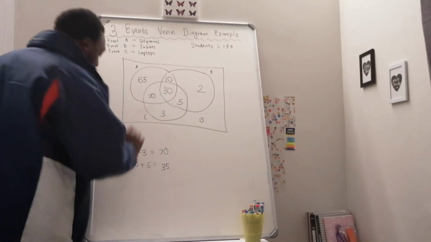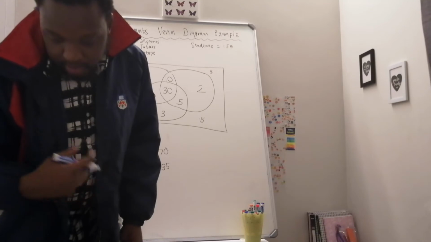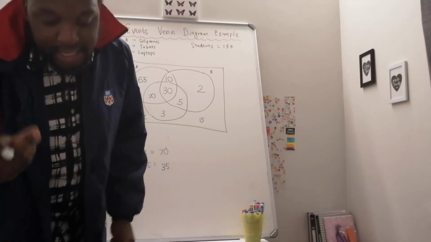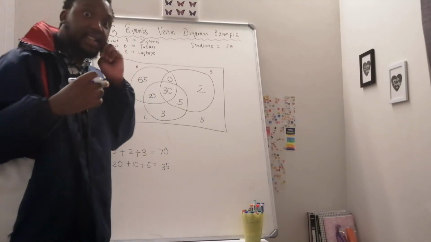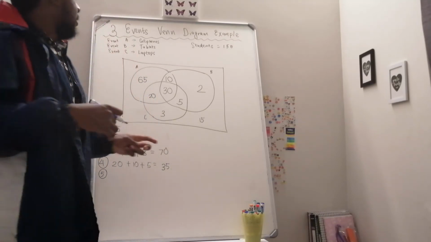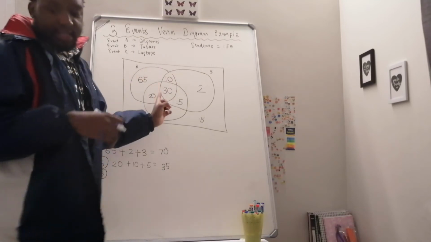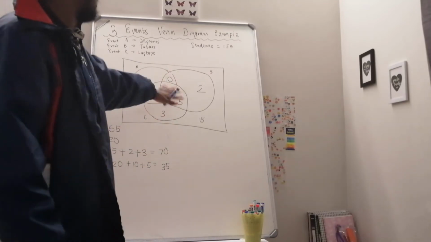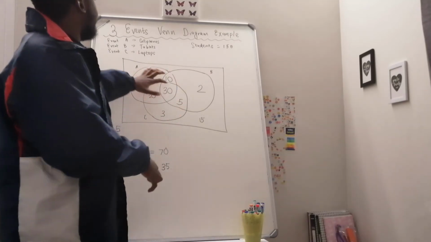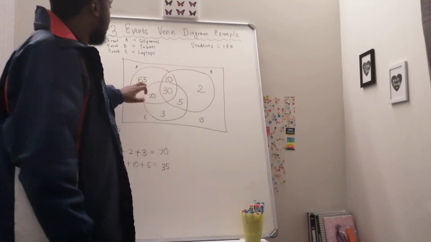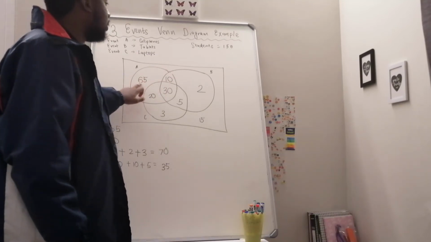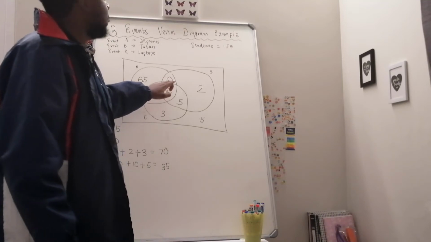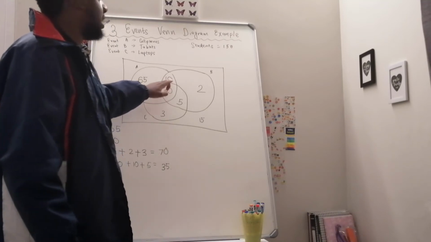Number 5 asks us, how many of the teenagers own at least one of the 3 devices? Remember what we're doing here, guys. Remember what this tells us. If I'm in this area, that means I own a cell phone, but once I move into that area, then I own a cell phone and a laptop, and a tablet.